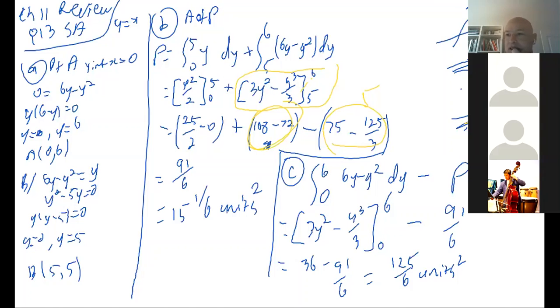Okay, so for 1D, I'll just read them out to you right now. It's question 1A and D. Question 3. Question 5. Question 8A. Question 11. And question 12B. Of course, you can do a few more, that won't be an issue. And I will put this up on Google Classroom as well.